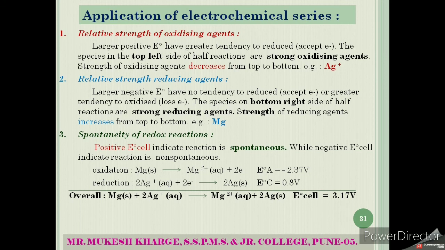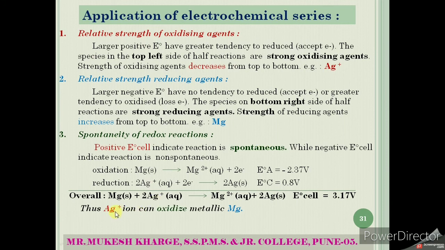Okay. So if you observe here, magnesium reduces the Ag+, while Ag+ oxidizes the magnesium, and the EMF of the cell is positive. That's why the reaction is spontaneous.